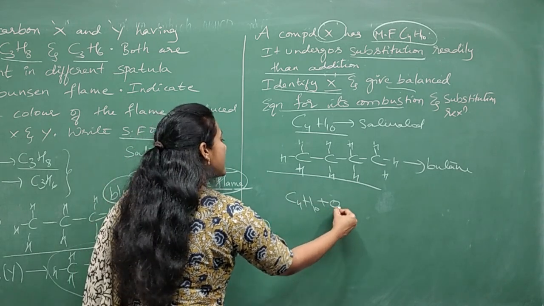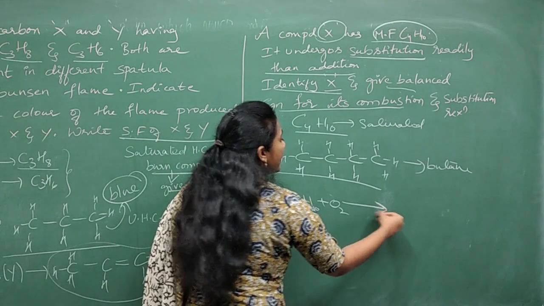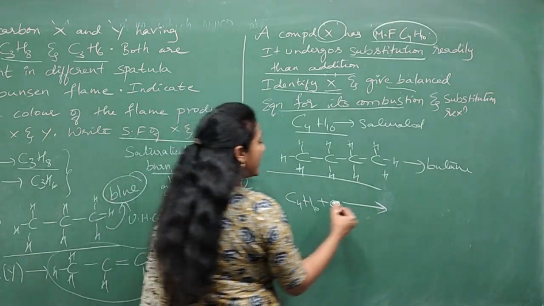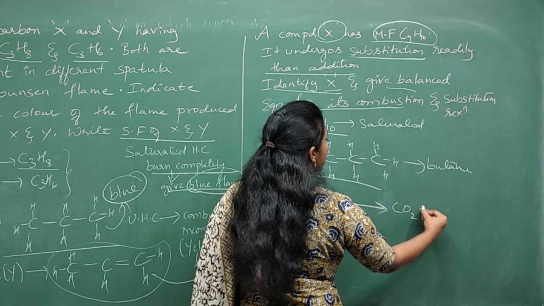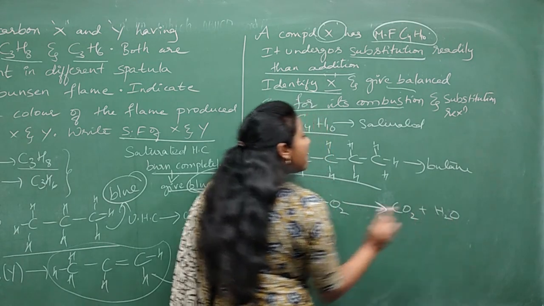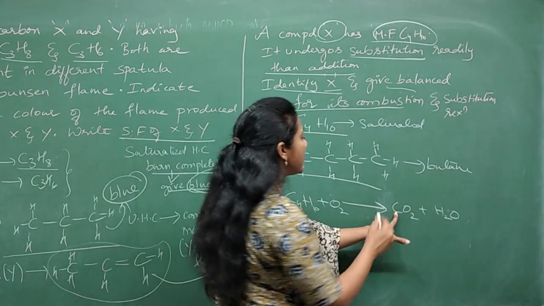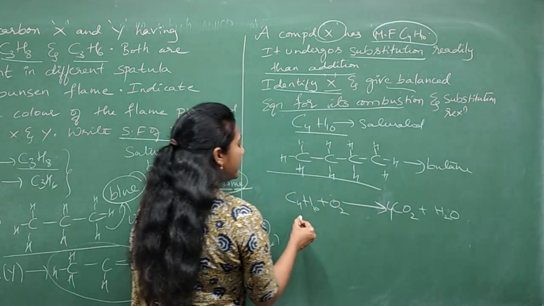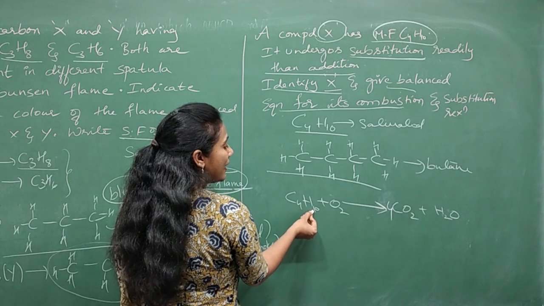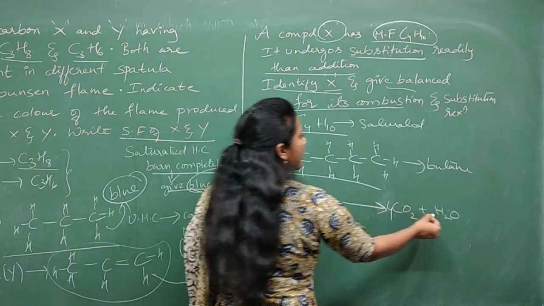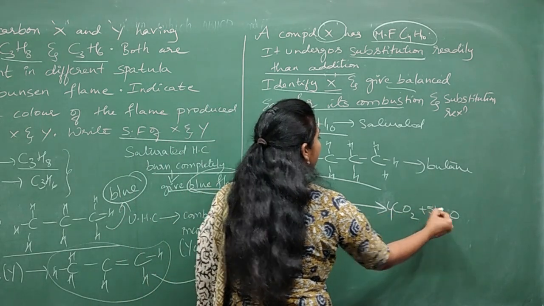So how do you show the combustion reaction for butane? C4H10, combustion in the sense burning with oxygen, and always what are the products you will get on combustion? Carbon dioxide and water. So balanced equation. Balance this side: 4 carbon atoms, here you will put 4, and check with the hydrogen. 10 hydrogen atoms are there, and here 2 are there, so let me put 5 here.